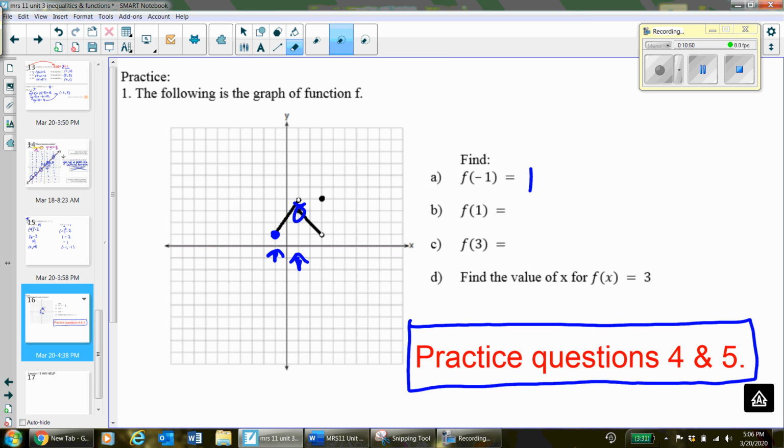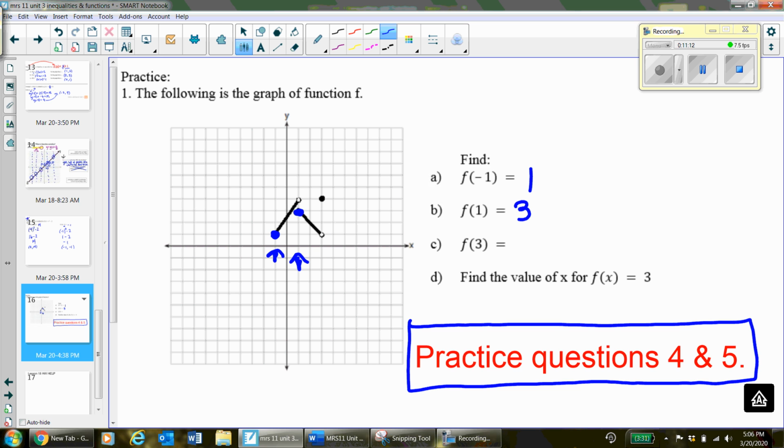So I really don't care what the value of y is at the open circle because it's not a part of my answer or my solution. I only care about the y value at the closed circle, which is here. And that's going to be 1, 2, +3. So they try to trick you with that.